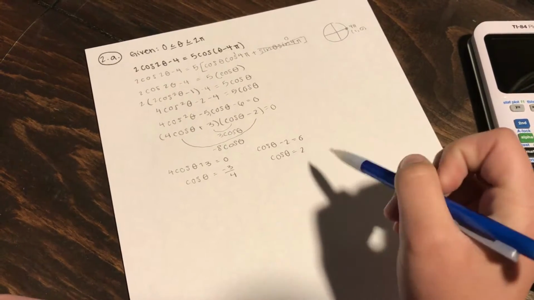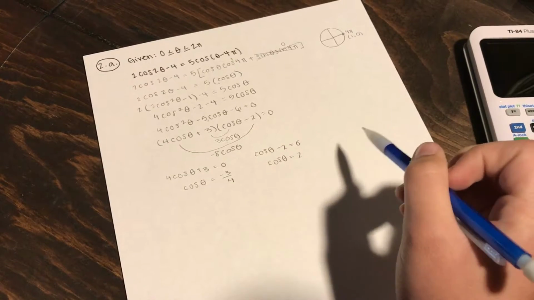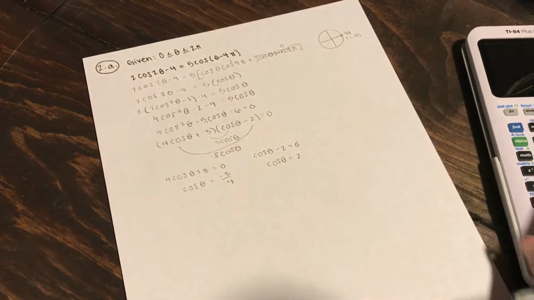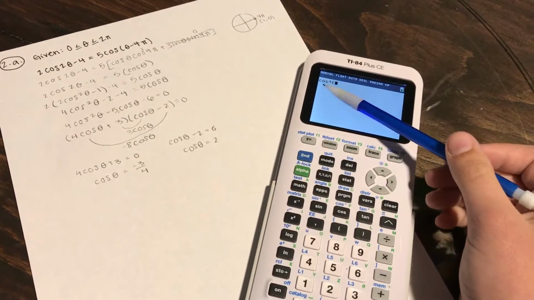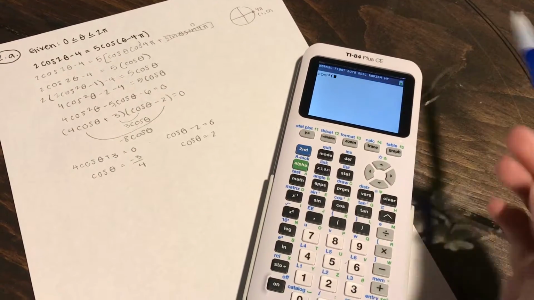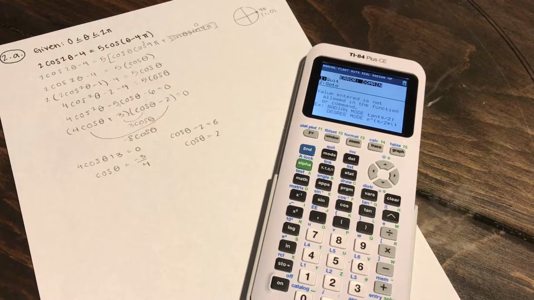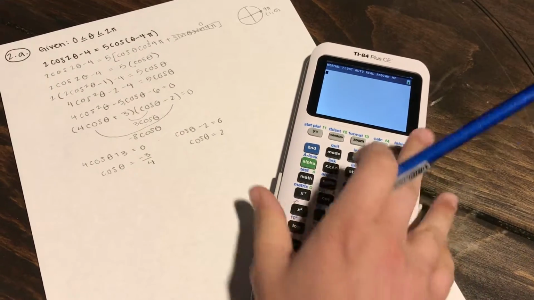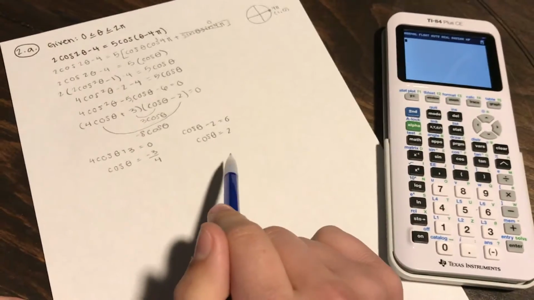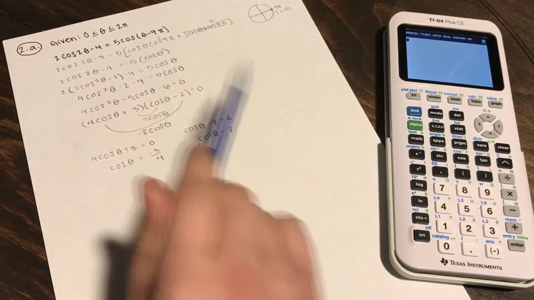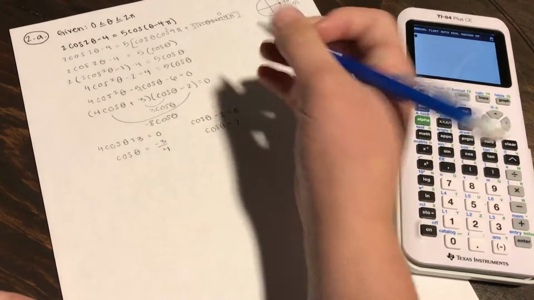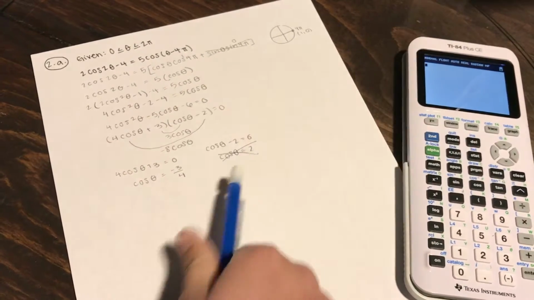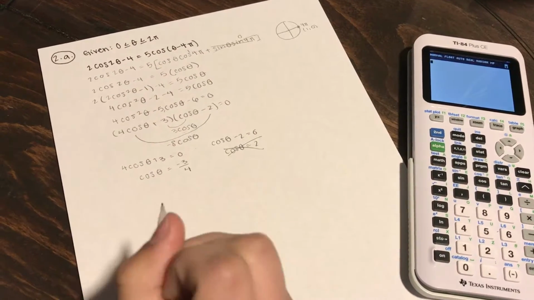Right off the bat, we can see that cosine of theta equals 2 will not work because when inputting to our calculator and doing second cosine, which would be the inverse of cosine, if we type in 2, we get an error. And we get an error because technically 2 cannot be an answer. It is located nowhere on the unit circle. So we can just cross this out. We will get no answers from cosine of theta equals 2.